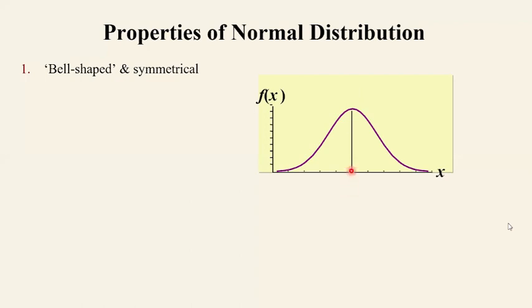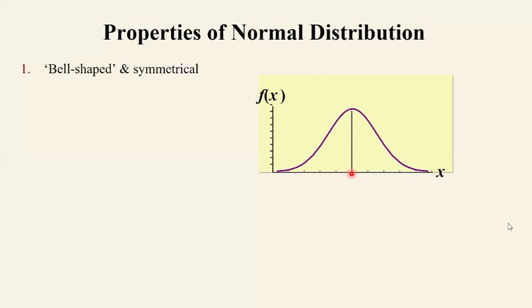Here, if this is the random variable x, and these are the probabilities: usually for the discrete case we mark the probability p(x), but for the continuous case the probability density function is denoted by f(x). And this value will be the mean.